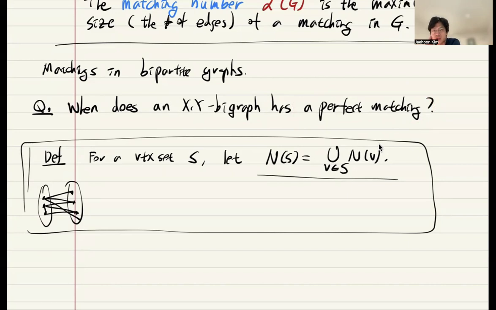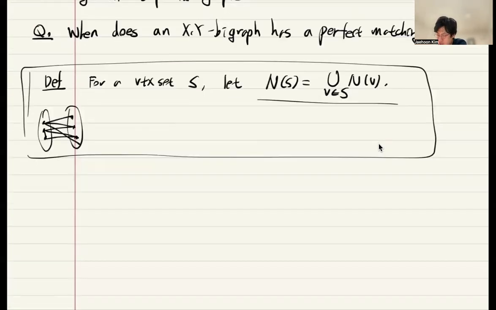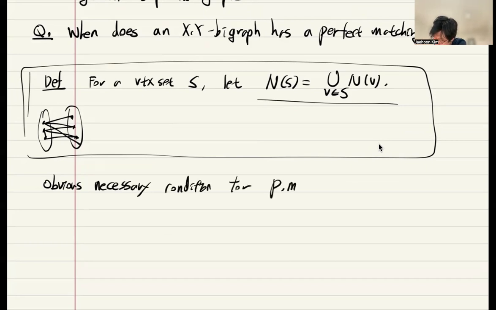Then we get the necessary and sufficient condition, which provides some characterization of the objects which satisfy our desired property, which is very satisfying case. So here, what is some obvious necessary condition for the perfect matching?